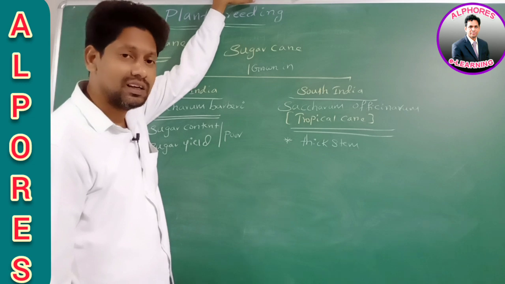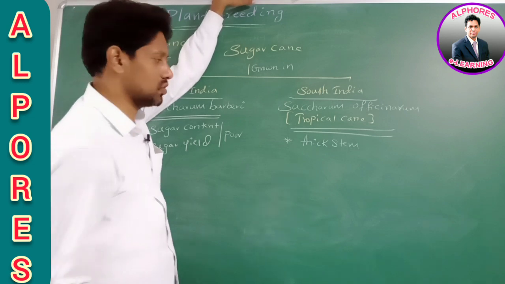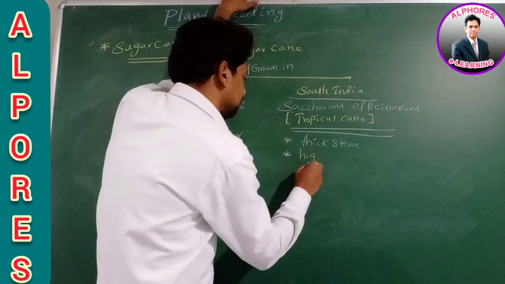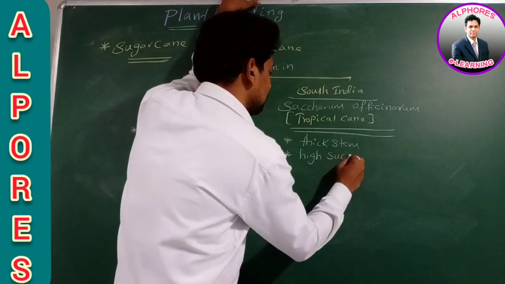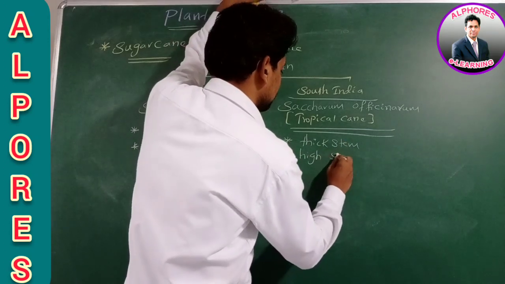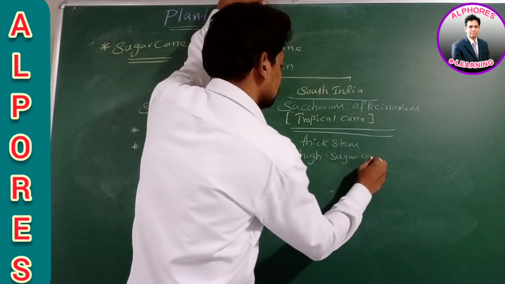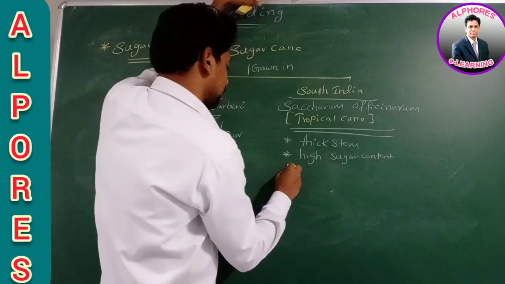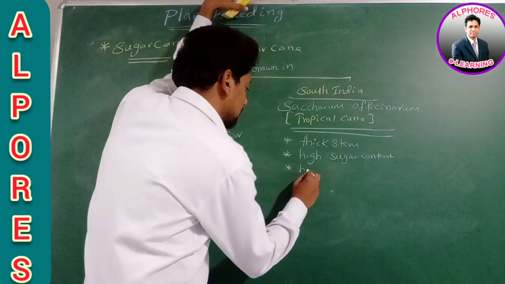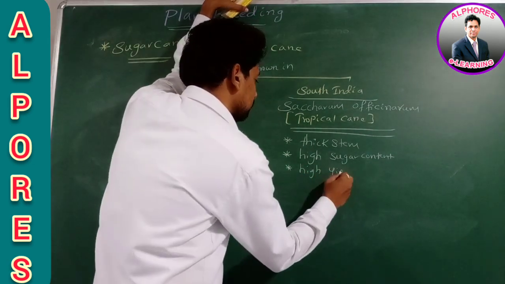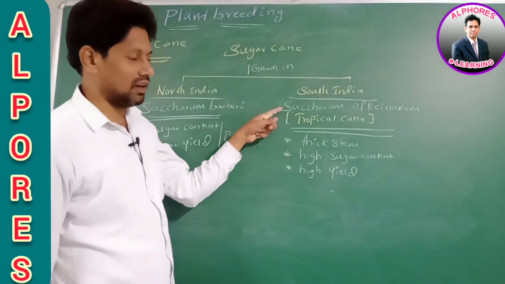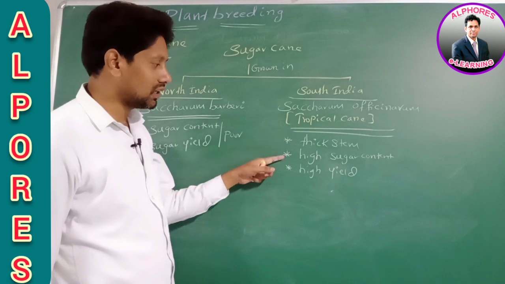So with a thick stem there is high sugar content, so automatically the yield will be high. Saccharum officinarum has a thick stem, high sugar content, and high yield.